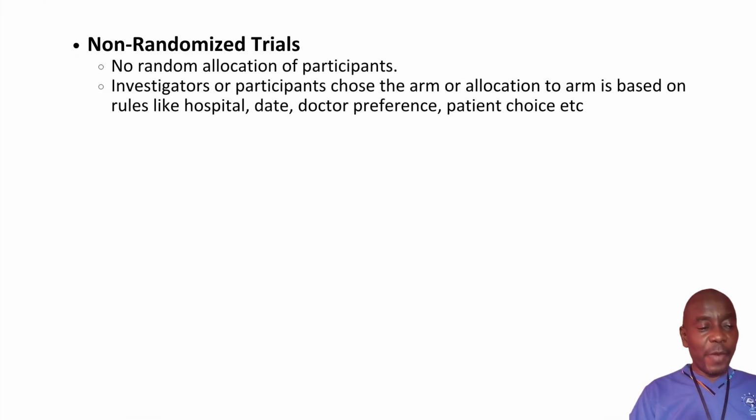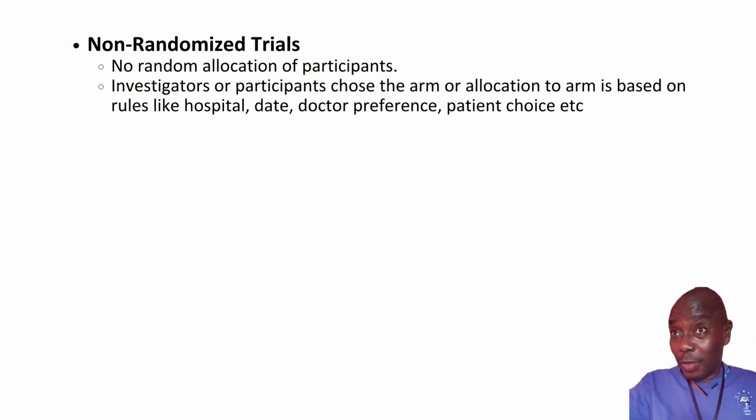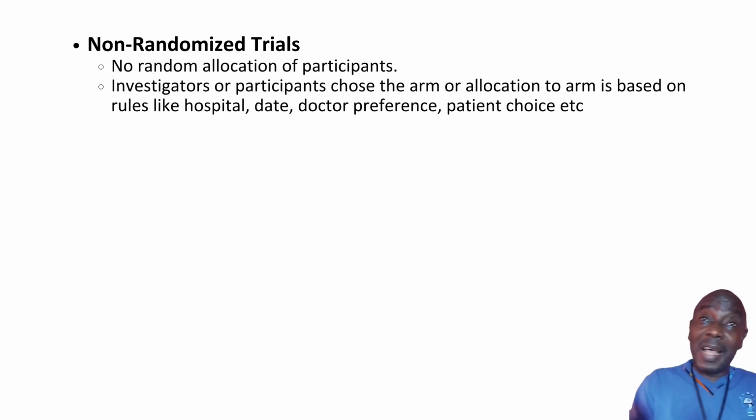Then there are non-randomized trials, where patients are not brought into the available groups by chance. We actually meddle with how we put this person here or there. So investigators or participants choose the arm they are taking, whether this arm or that arm. Or we just allocate them to an arm based on where they are from: are you from this hospital, or are you from that hospital, the general hospital?